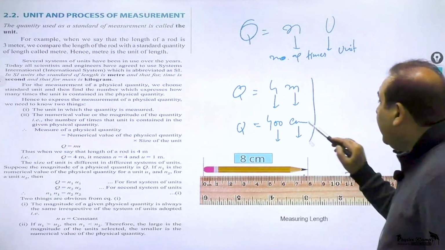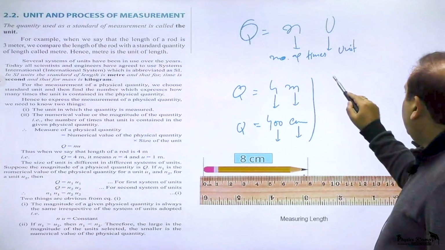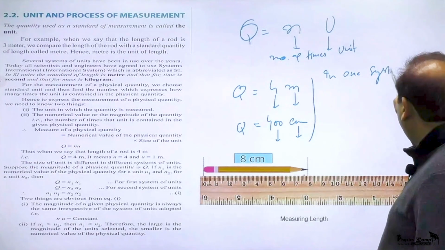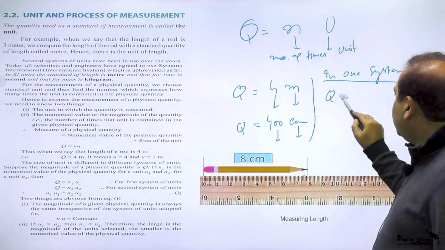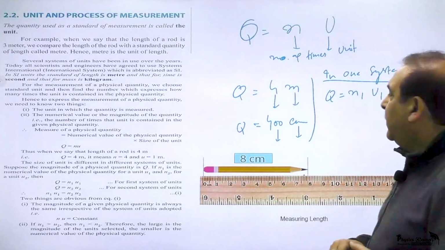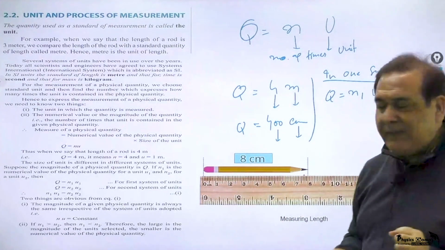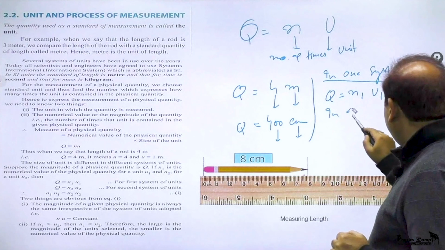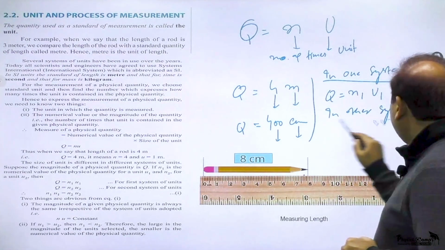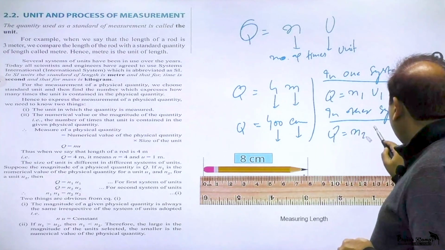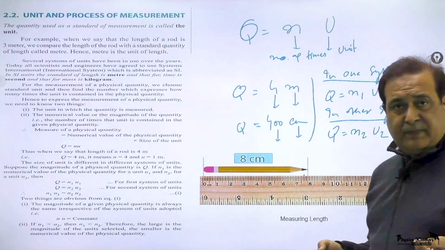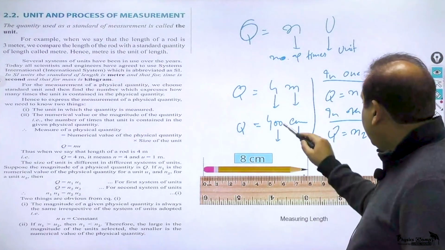So I can say in one system Q is equal to N1 U1, where the unit is U1, say 1 meter, and the numeric value is 4. In another system of units, the same value is N2 U2. U2 is another unit, centimeter, and N2 is another numeric value, like here.